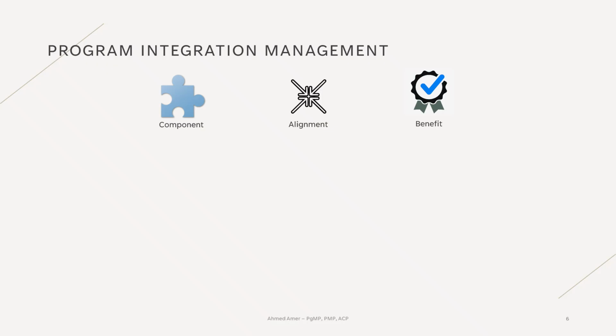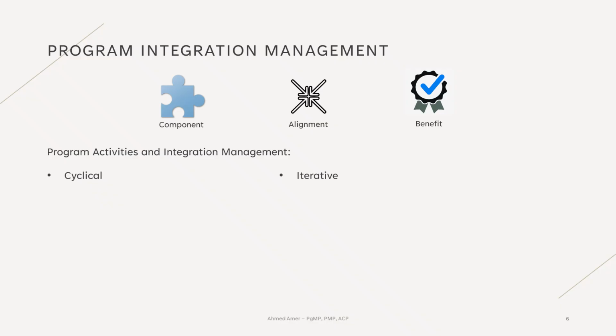Therefore, one can conclude that program activities and integration management tend to be cyclical and iterative in nature. Why? Because adjustments may be necessary based on the benefits and outcomes achieved relative to their alignment with strategic priorities.